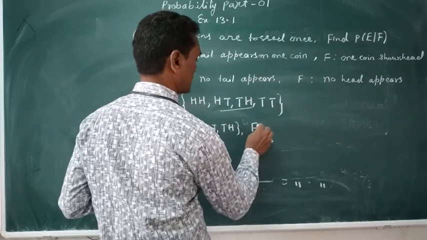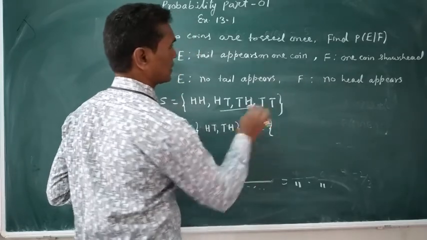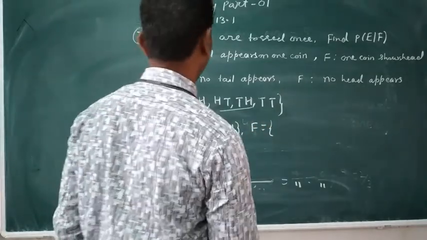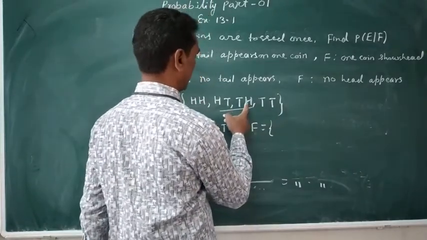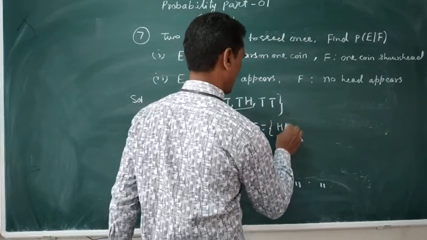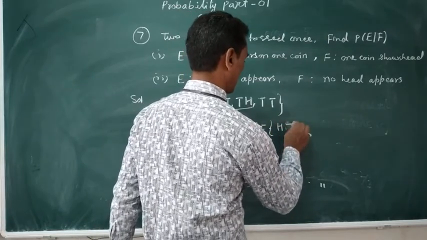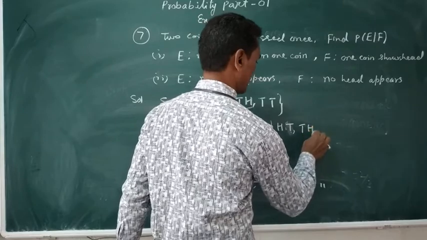And F is that one coin shows head. Again the same, one coin should be head. So this is HT and TH.